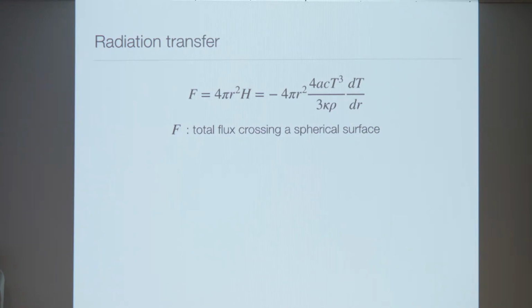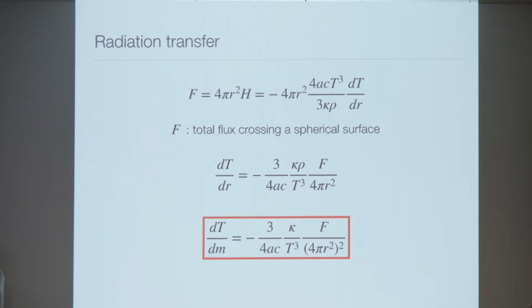So in the end, the equation which is basically governing the change in the temperature in the star will be written in this way. And this is in the radius coordinate. If you use the mass coordinate, this equation will be written in this way.